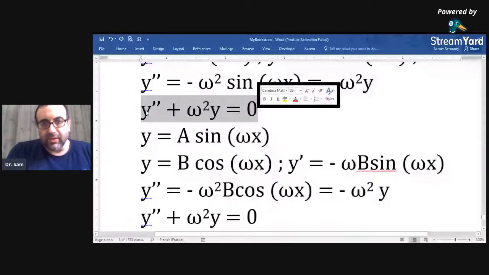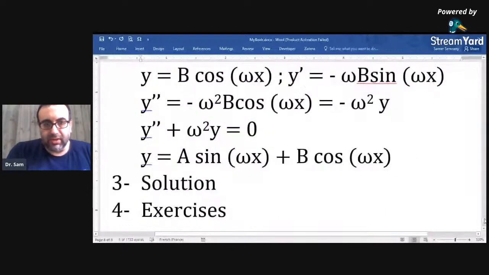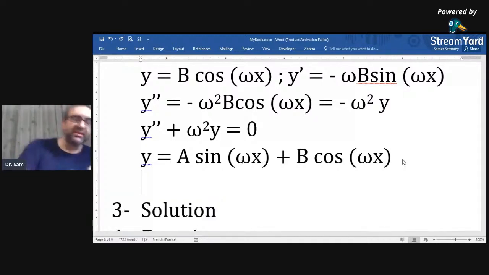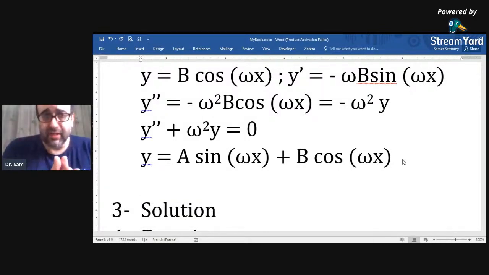The solution is in this form, y equals a sine omega x plus b cosine omega x. This form is used in mathematics in general. In physics, you can see something similar, also a solution of this differential equation.